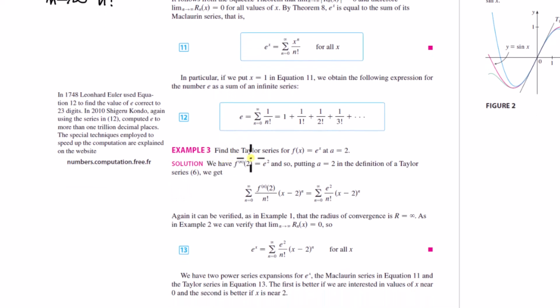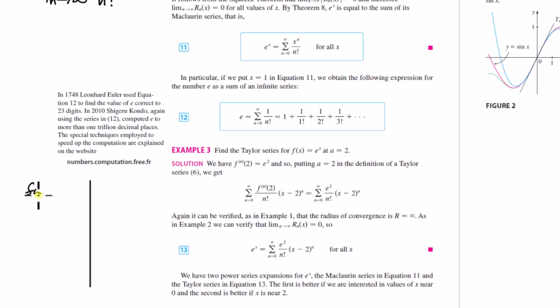Example 3, find the Taylor series for, we're doing e to the x again, but now centered at 2. All right, so remember the steps to do this are that you make 2 columns, and in the first column you find the first, second, third, fourth derivative of just the function.